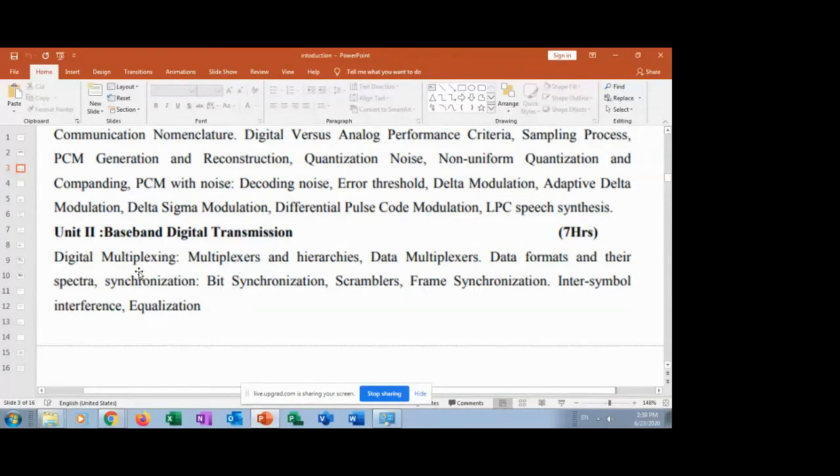Similarly, when we have different binary information, that is digital multiplexing, and there are different types and hierarchies also based on the data rates. That multiplexing here we call time division multiplexing.